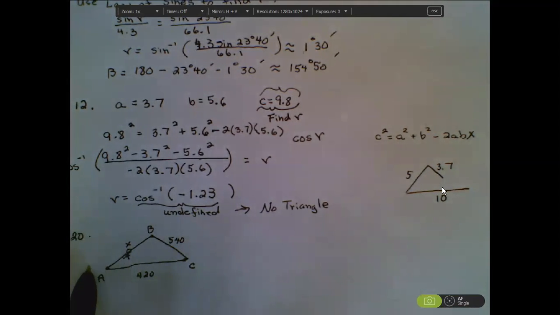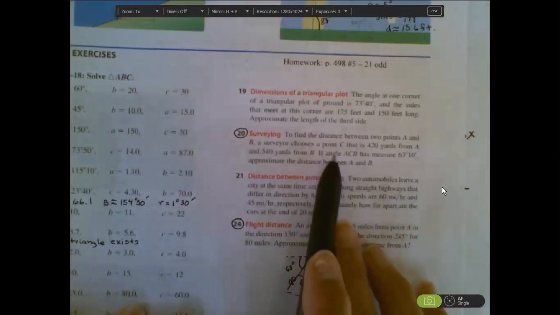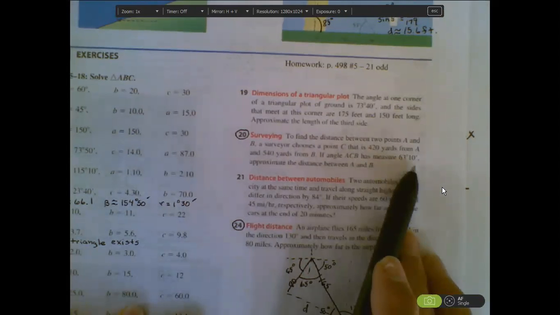Now, these two things alone wouldn't be enough information to find X. So the other bit of information she has is angle ACB has a measure of 63 degrees, 10 minutes.